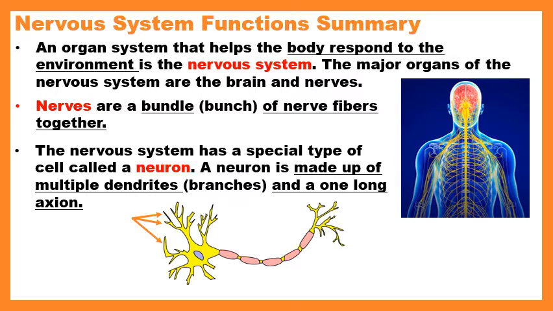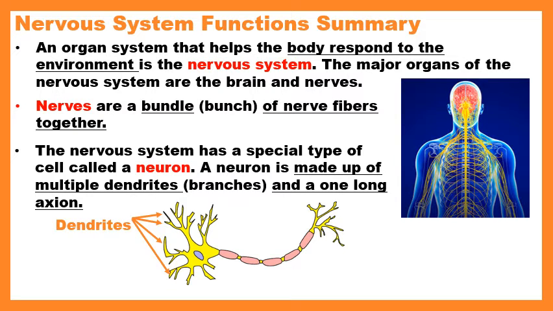Here's the neuron. To me, a neuron looks like a tree that has been pulled out of the ground, roots and all, and turned sideways. You have the top of the tree with all the branches, then you have this long trunk, and at the end of the trunk, you have the roots. The top of the neuron with all those branches, we're not going to call them branches, we're going to call them dendrites.